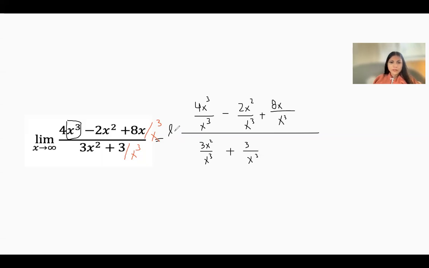And again, this is the limit as x approaches infinity.